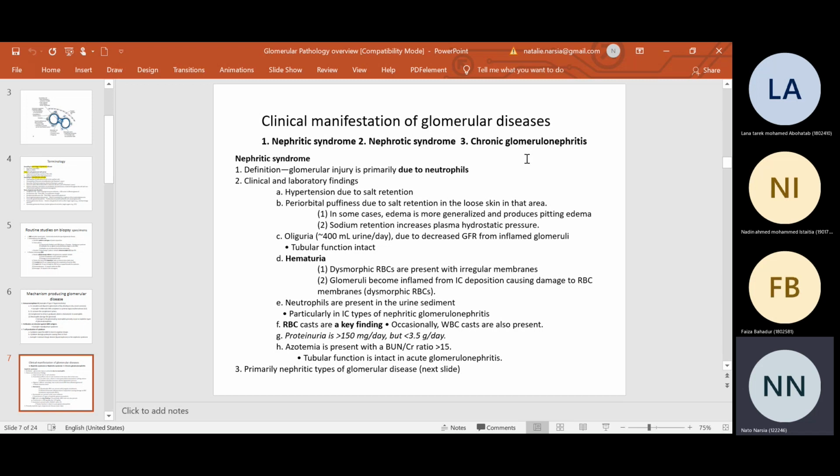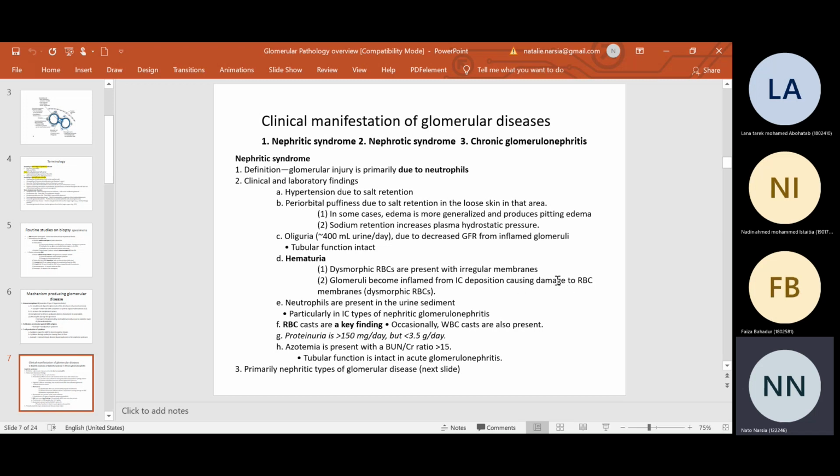Hematuria, guys. Hematuria is key information when we are talking about nephritic syndrome. There is inflammation, okay? And for that reason, you lose blood. Hematuria means you find blood in urine, and dysmorphic red blood cells. Dysmorphic red blood cells are present with irregular membranes, yes, and glomeruli become inflamed from IC deposition causing damage to red blood cells.